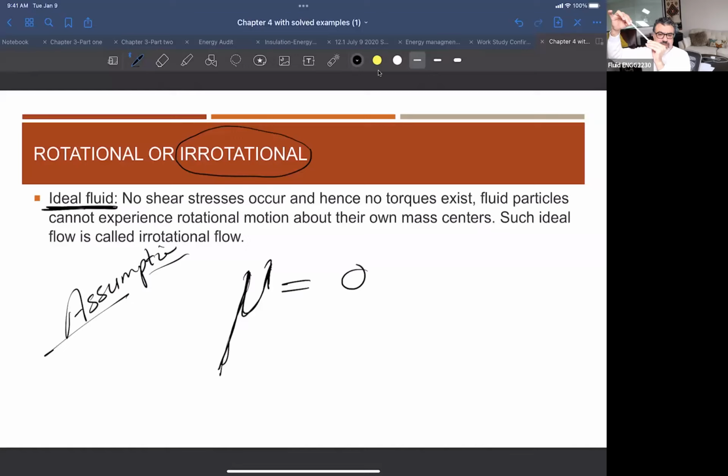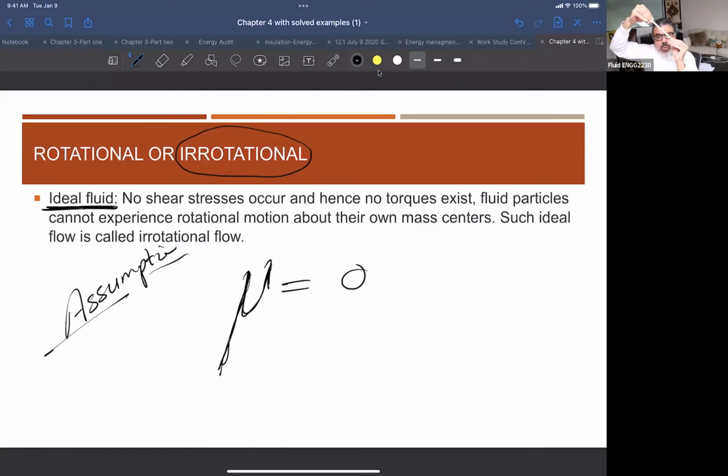Because if you have viscosity, a point here in the fluid and a point far from it will have different velocities, because of the shear stresses and so on. But if I have no shear stresses, or viscosity equal to zero, those points have the same velocity. You see that the pen is translated, as the fluid is moving as a solid body.